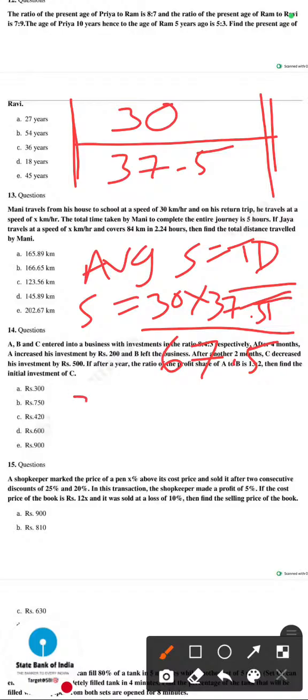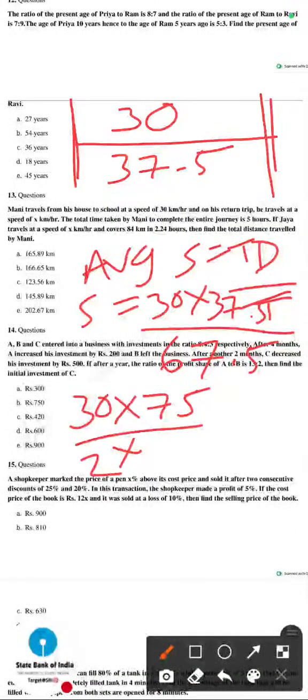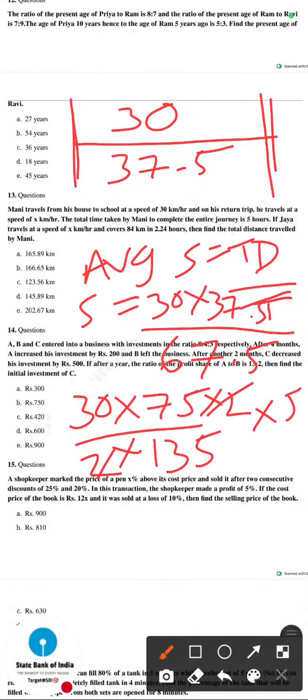Instead of 37.5 we write 75 by 2, and instead of 67.5 we write 135 by 2. The 2 and 2 cancel, and time will be into 5.